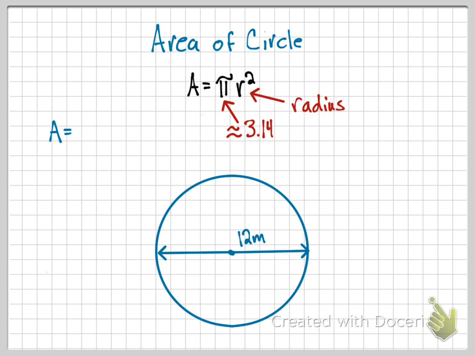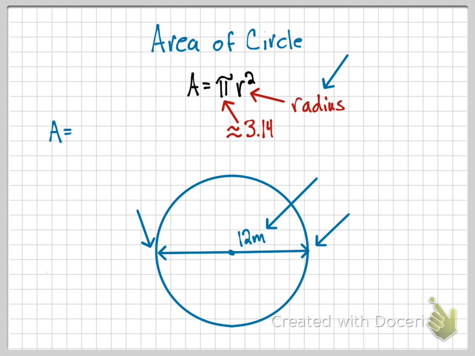Let's say I'm asked to find the area of this circle. In this case, I'm given the diameter, which is the distance from that point to that point. And this formula requires the use of the radius.